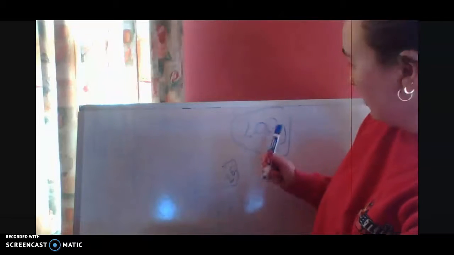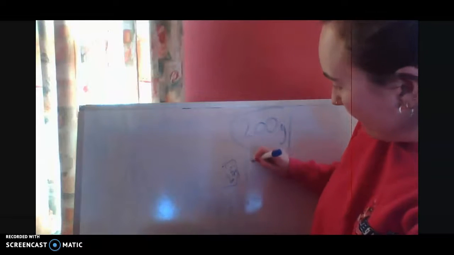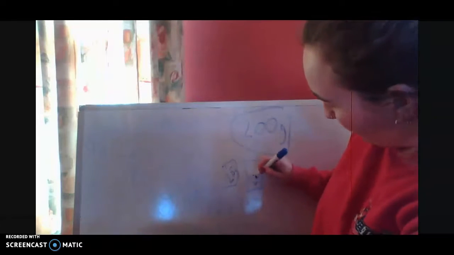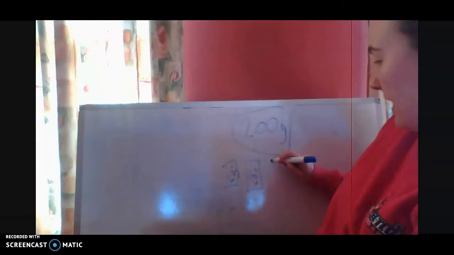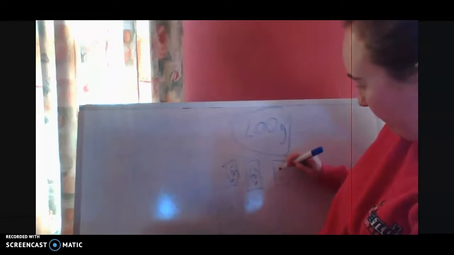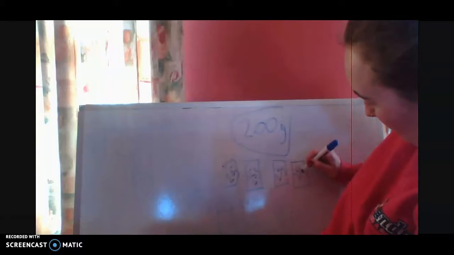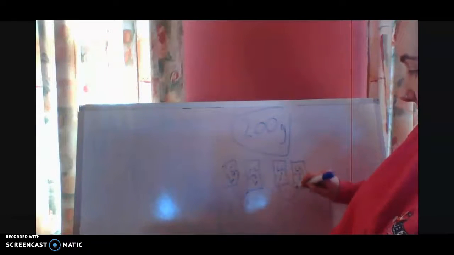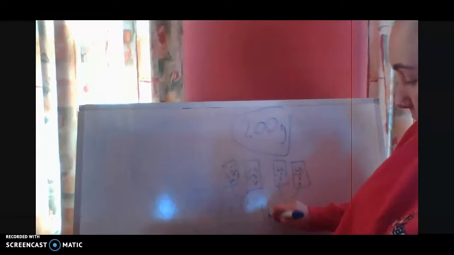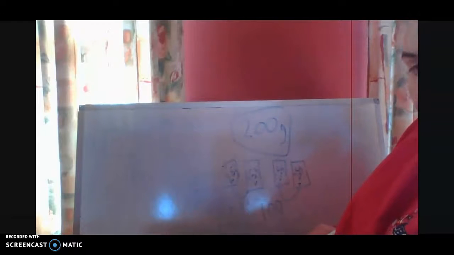To 200. So you know 25 and 25 makes 50. So another 25 and 25 will make another 50. That's 50 and that's 50. Then that's 100 altogether to make 4 bags. So how many more to make another 100?